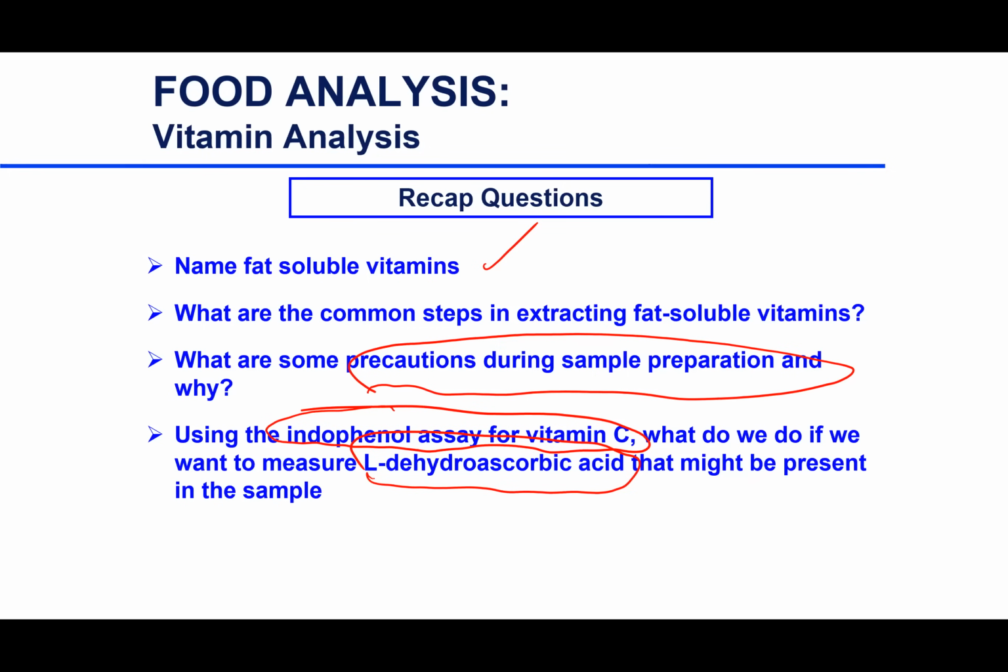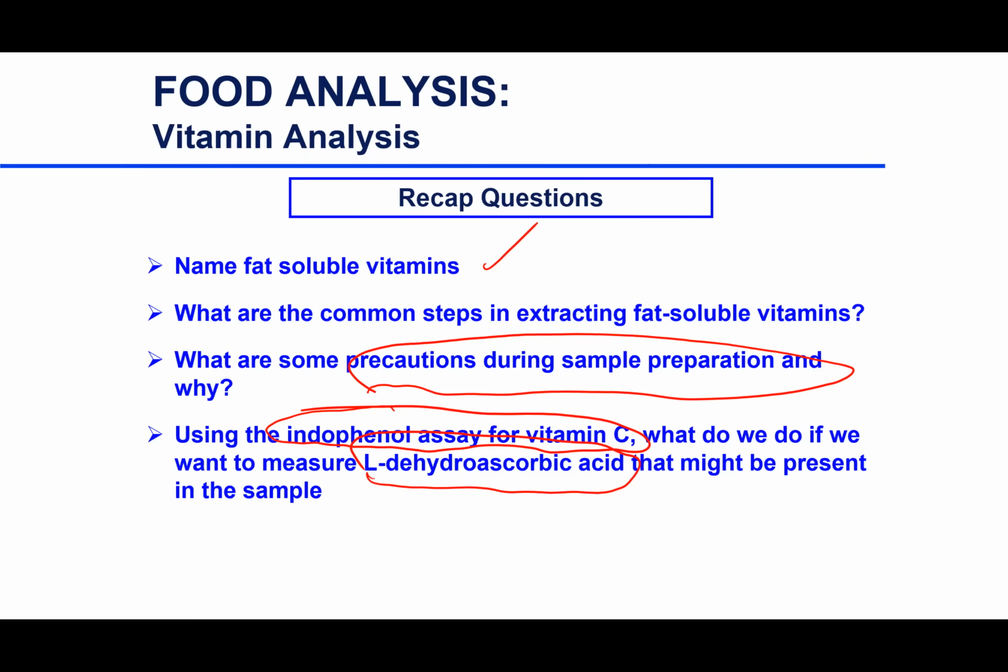So you have ascorbic acid, it oxidizes, it becomes dehydroascorbic acid. It's still of interest to know how much dehydroascorbic acid there is, because our bodies can convert dehydroascorbic acid back to ascorbic acid. So in fact, the oxidized version has vitamin activity.